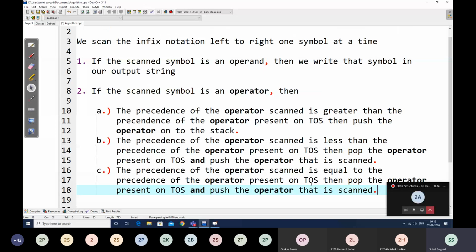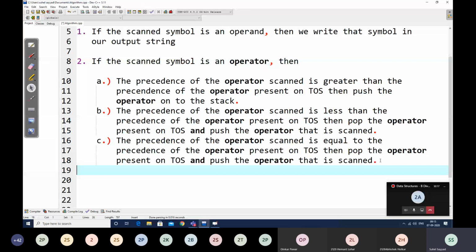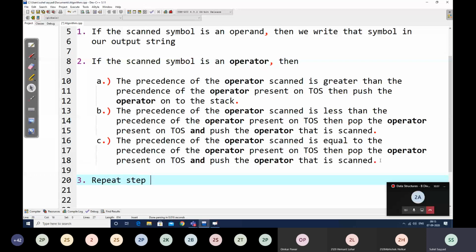So these are our 3 steps. Once all these steps are done, we have to repeat steps number 1 and 2 until the entire infix string is scanned.